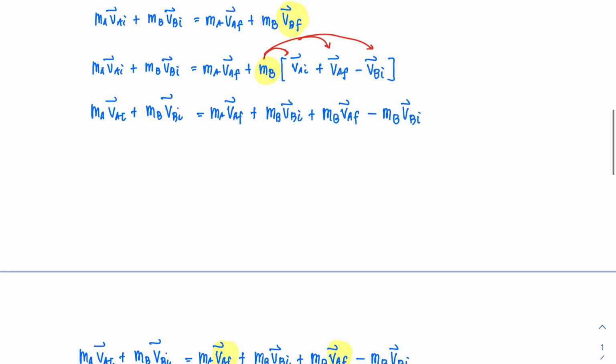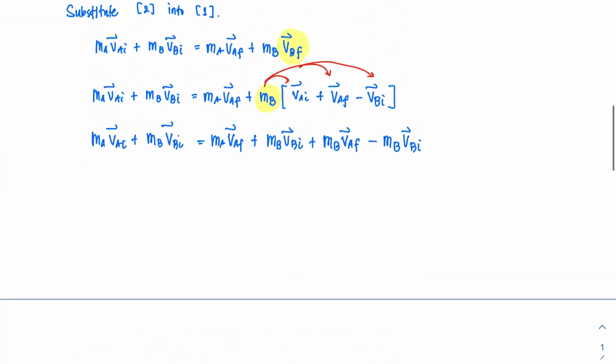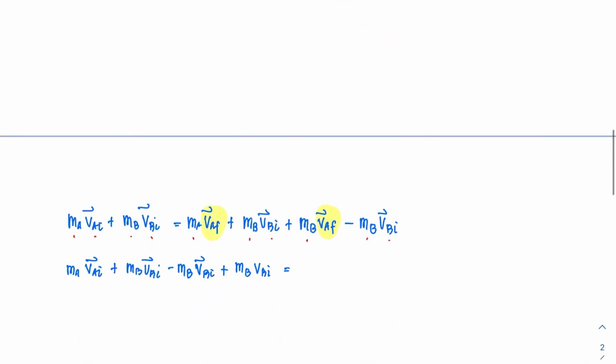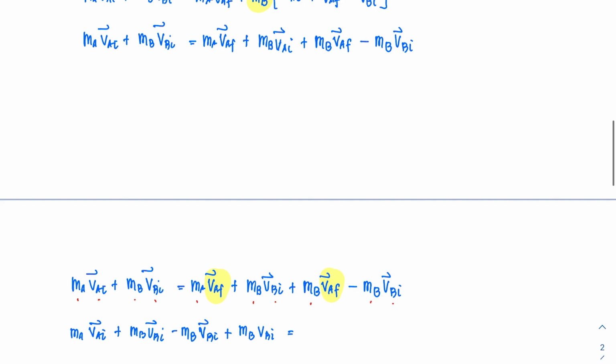I think I made some mistake over here. It should be MB VAI, not VBI. So I'm hoping you noticed it earlier. This should be VAI, VAF, VBI. Okay, so that means to say that the term over here is supposed to be VAI. Just going to check this.